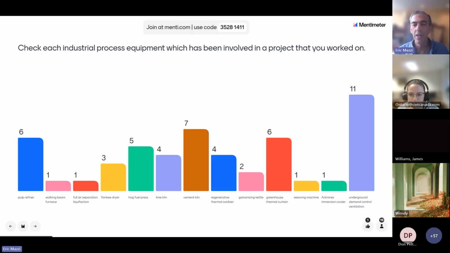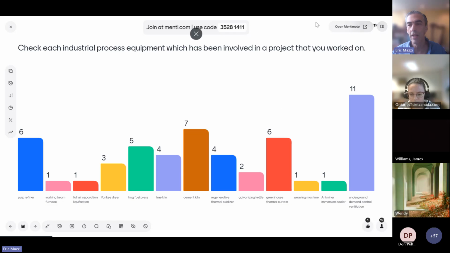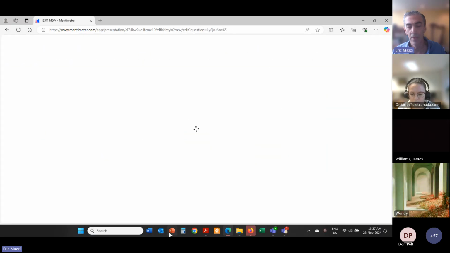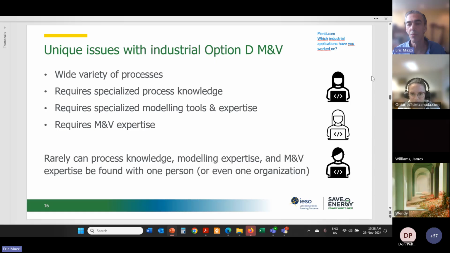There are some basics that people can figure out for many of them, but there are experts for every one of these: people who have direct experience, engineers and other professionals. So my point is, find the right expertise for your process. Don't just assume me or anybody else, if they're an industrial expert, should know the intricacies of a walking beam furnace, depending on how critical that knowledge might be.